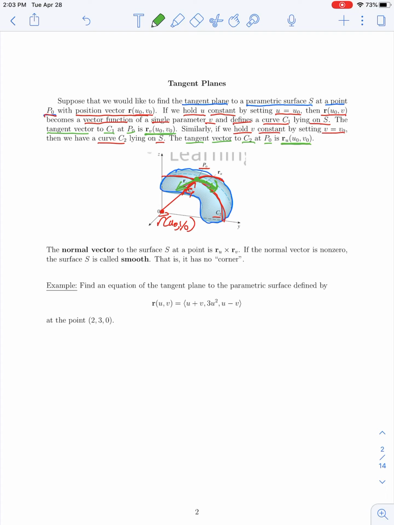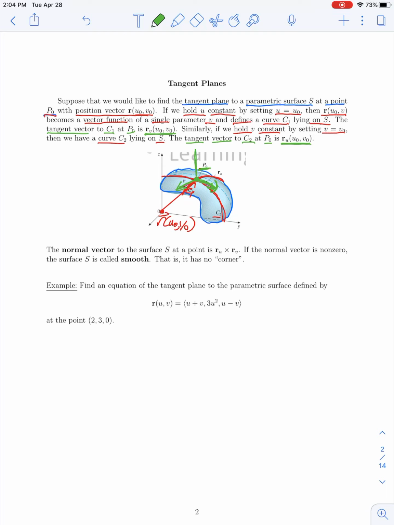So these two vectors, which I just found and have shown here in green, how can we use these to find the tangent plane to our surface? Well, we know to find the equation of a plane, we need a point within that plane. Here we're given that point P naught, the point on our surface, and we need a normal vector to the plane. If we take the cross product of these two tangent vectors, we get a vector which is orthogonal to both of those.